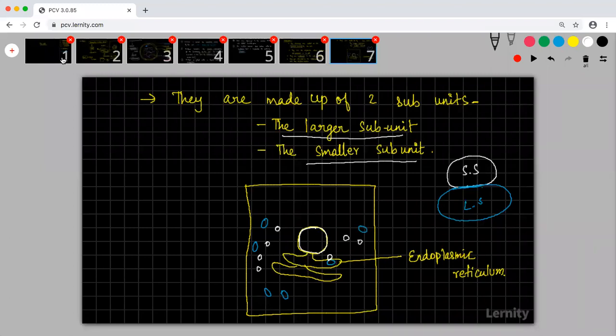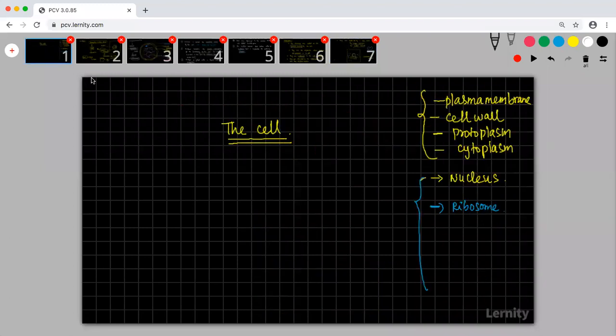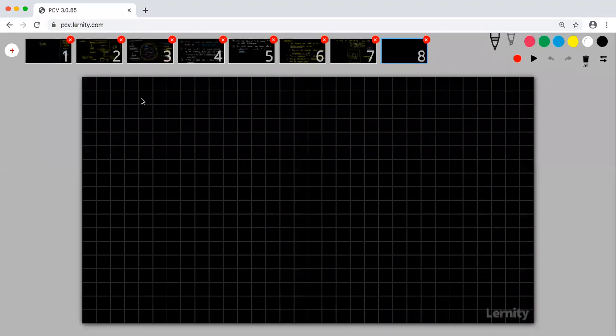Okay, so we have completed ribosome now. So now we'll move on to the next organelle. I have introduced a new term for now, endoplasmic reticulum. We'll study about endoplasmic reticulum. Okay, so now the next organelle that we'll be studying is what? We'll study about endoplasmic reticulum.